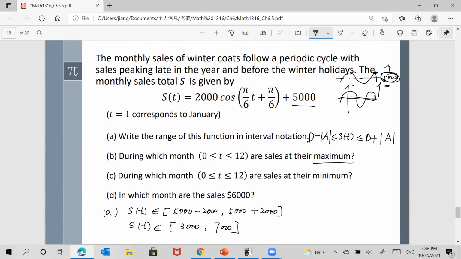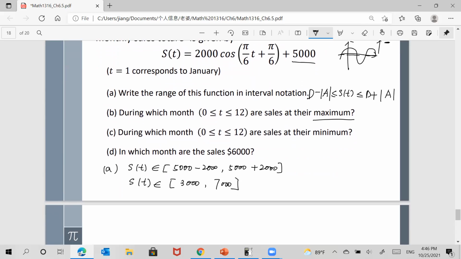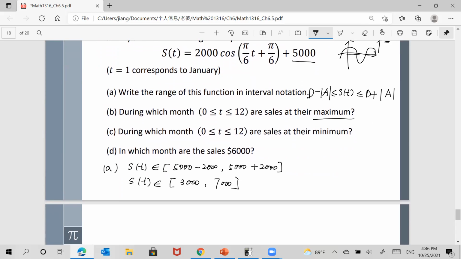What's the maximum? Maximum is the maximum range, the maximum y value for the function. That's 7,000. That means when this equals 7,000, what is T's value? We feel very familiar because we just learned this. Number B, so set all of this equals the maximum 7,000.